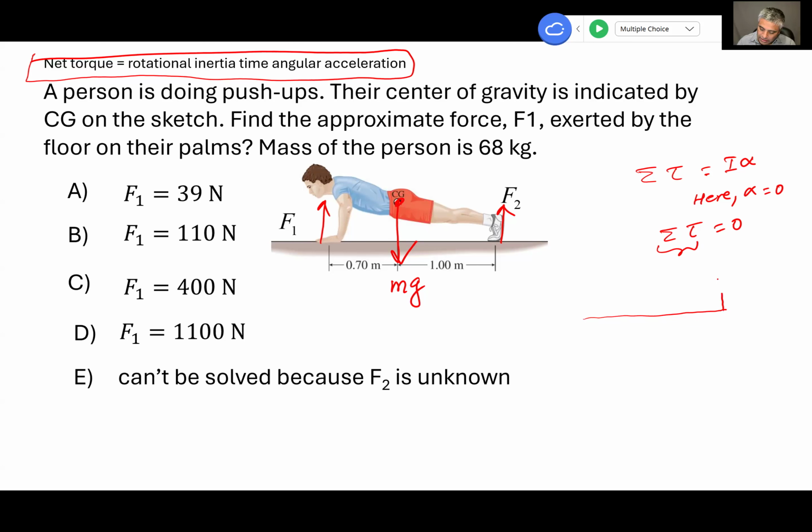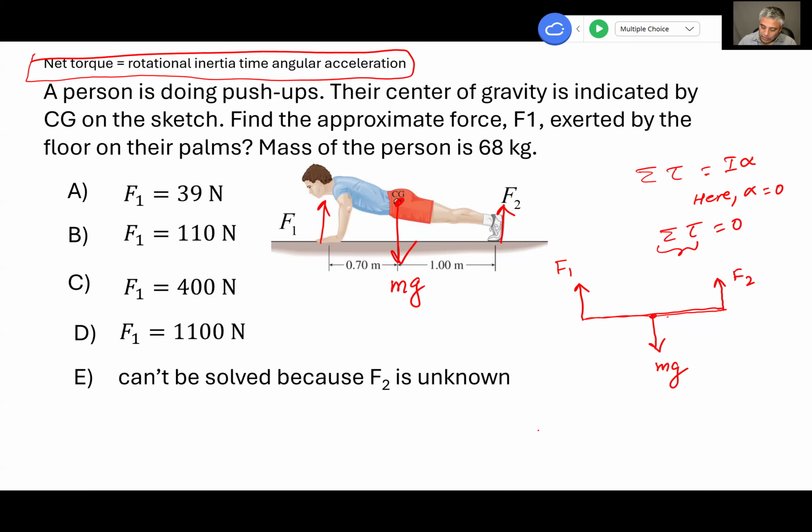And then we have F2 going up, F1 also going up, but the mg is coming down. That's the weight of the plank, okay? It always acts vertically down.